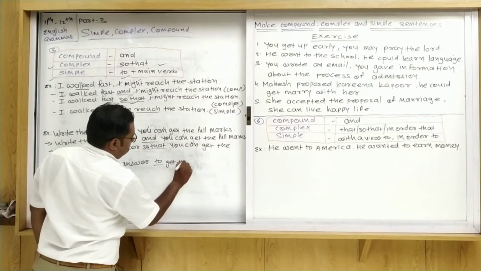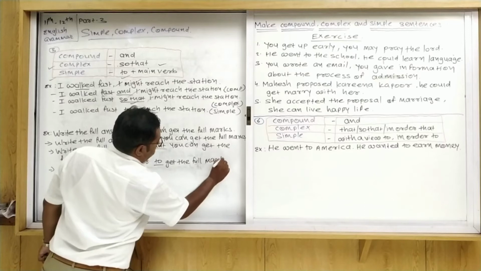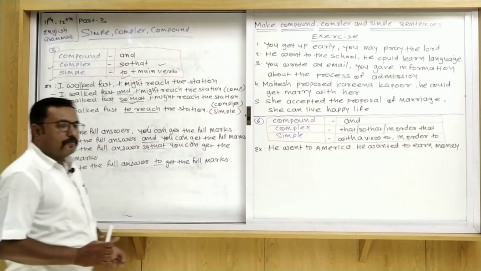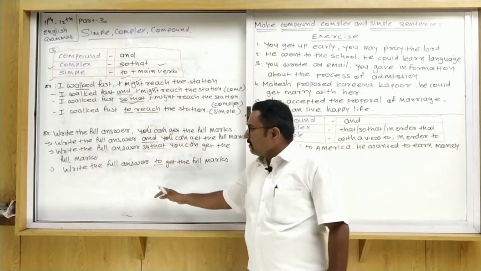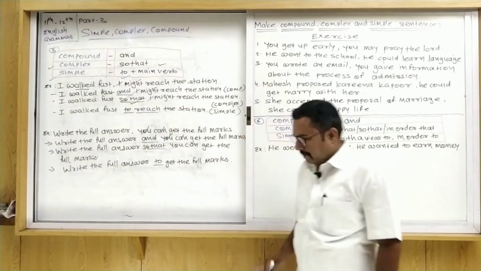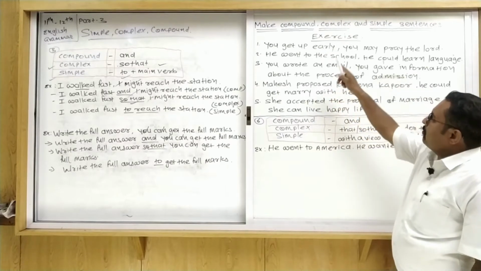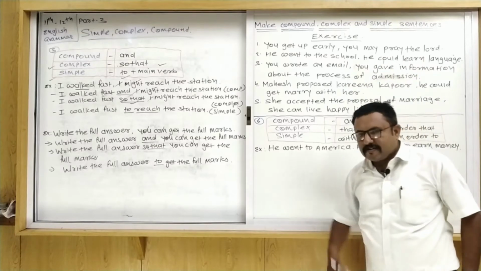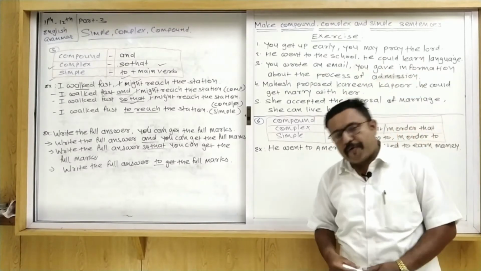To get the full marks. Okay, dear friends, I hope that all of you understood. So first of all, you write down the sentences with examples, and there is an exercise I have given here. Make compound, complex and simple sentence, as I told you before in the first and second video.